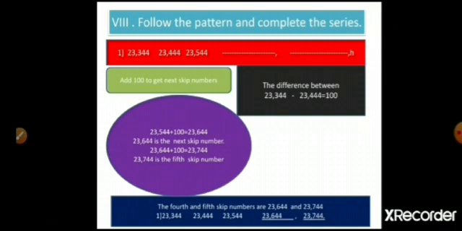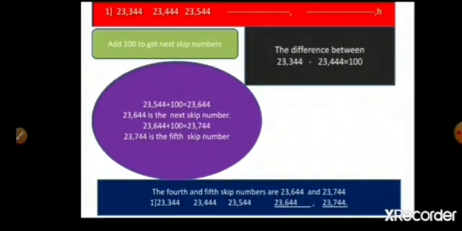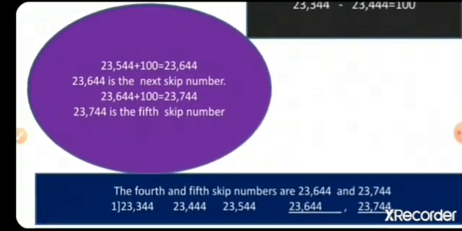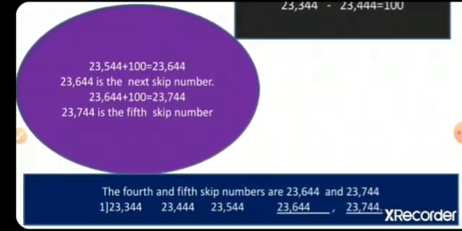So fill the two skip numbers in the blanks: 23,344, 23,444, 23,544, 23,644, 23,744. This way we fill the skip numbers.